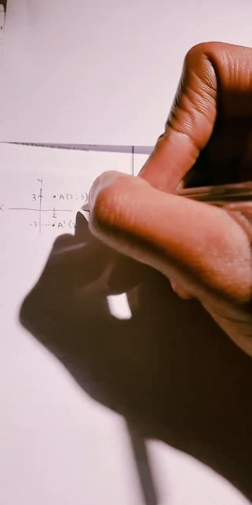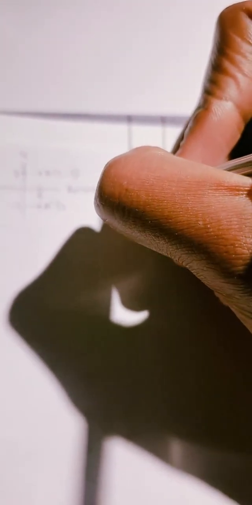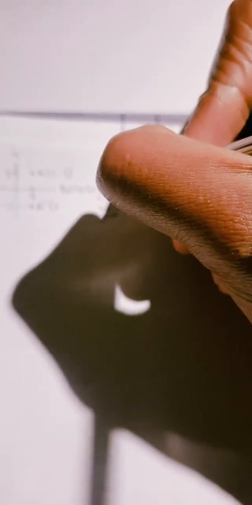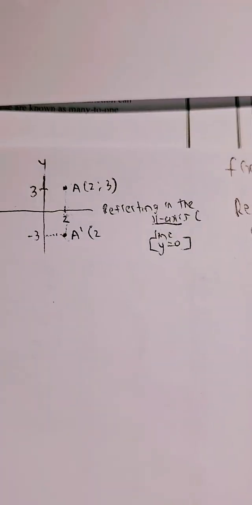So if, let's say this is A, and we are reflecting in the x-axis or along the x-axis, sometimes they hide this and say reflecting in the line y is equal to 0. All of this means the same thing. Remember, the equation of the x-axis is y is equal to 0.